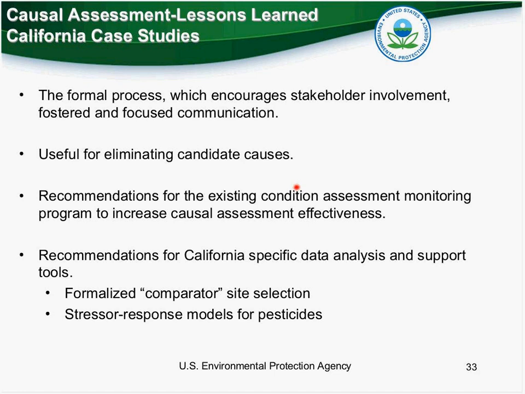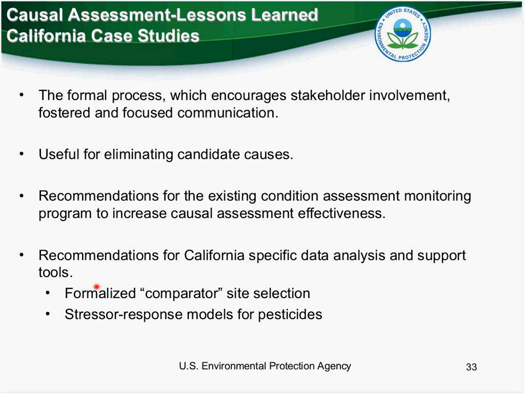With a little tweaking and a little movement around, and once people become familiar with what's required by causal assessment, the 2 monitoring programs can be strengthened to maximize information gain. The recommendation for California is that there are a lot of different types of data that can be used to develop specific tools for California. It's just going to take some time and some effort to put those together.